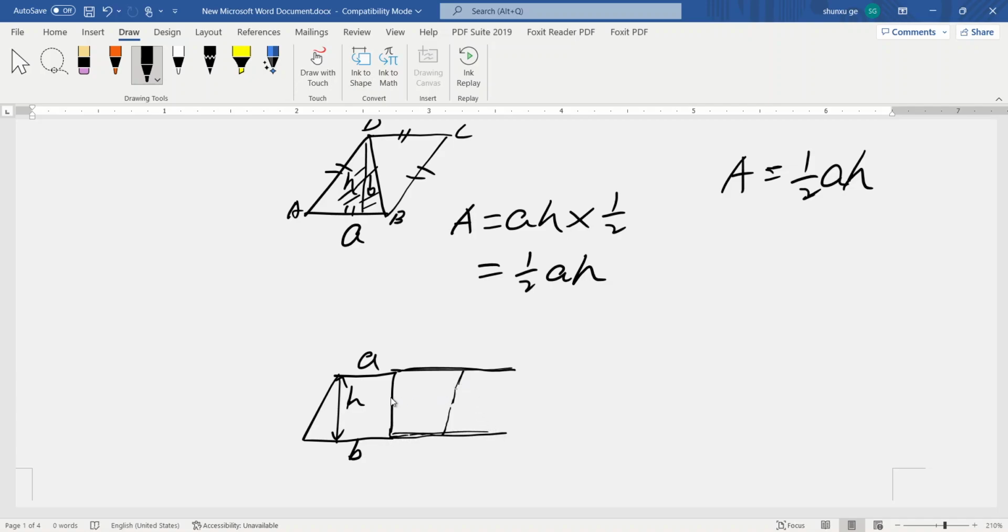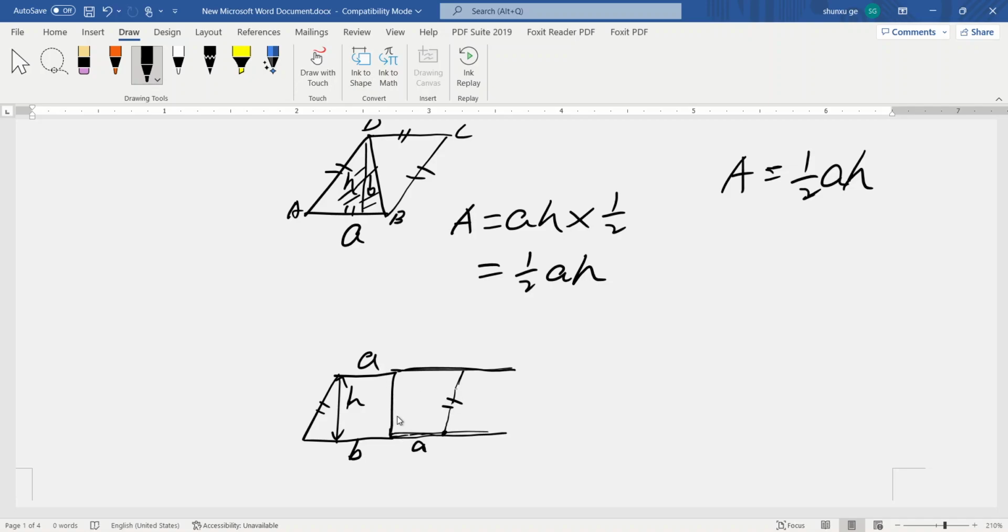From this point, make one distance the same as A. Then from this point, make another line parallel with this one.